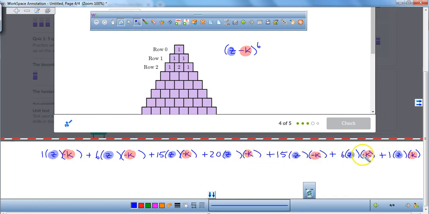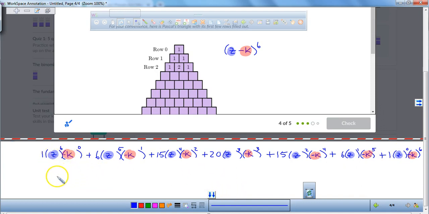There's a negative, there's a negative, there's a negative. Now, this is easy. 6, 5, 4, 3, 2, 1, 0. And we go the other way. 0, 1, 2, 3, 4, 5, and 6. All right? So this is going to be very, very easy.